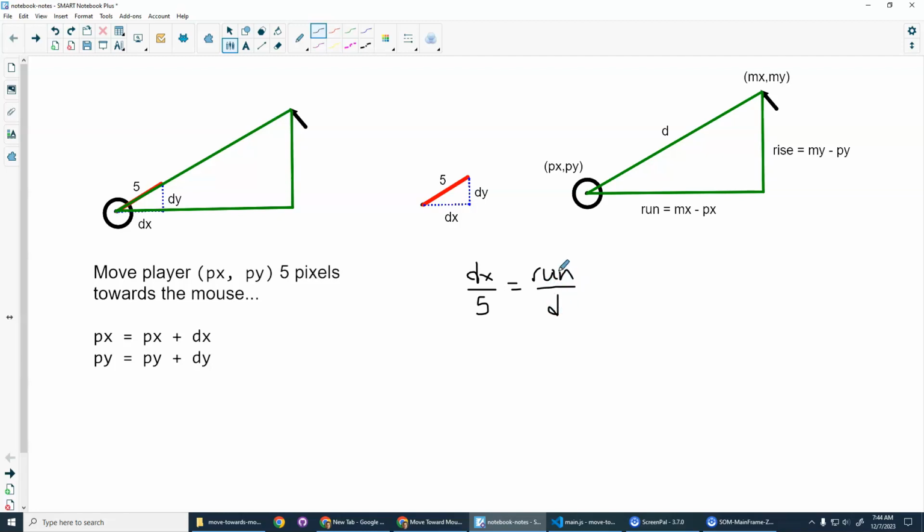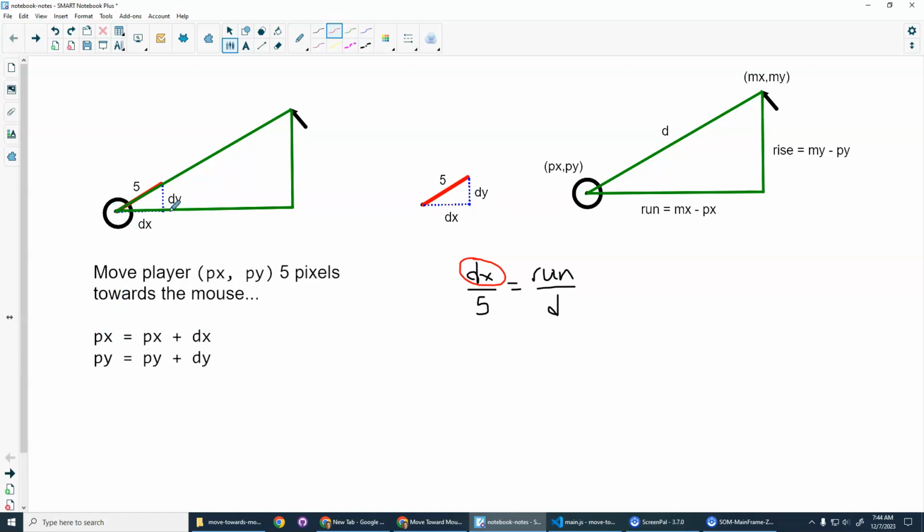I can calculate what d is, I can calculate what run is, and I know what 5 is, or whatever speed you want to use. So I can solve this equation to figure out what dx is.